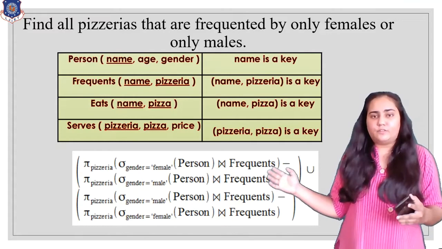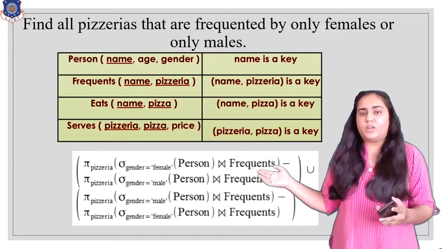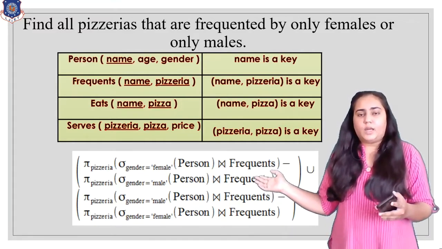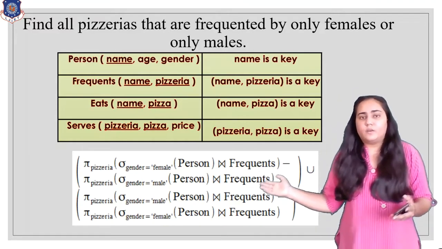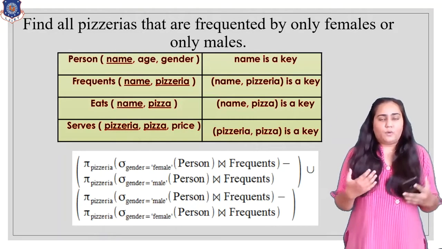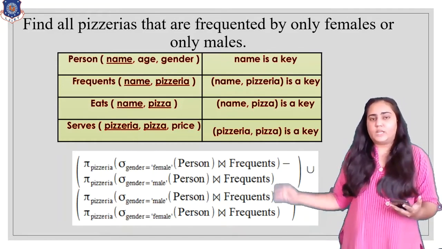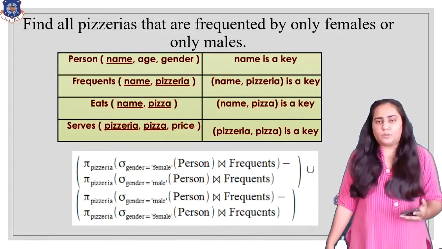We are fetching all the females from the person table. And then we are doing a natural join of that with the frequents table. After doing a natural join with frequents, what I want in the result is actually only the name of a pizzeria. So I need to project by pizzeria. That gives me only the name of the pizzeria.